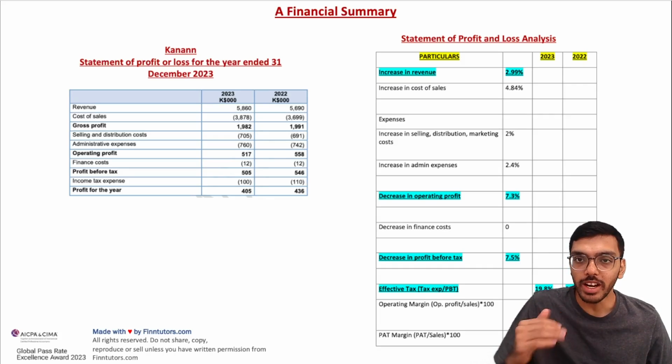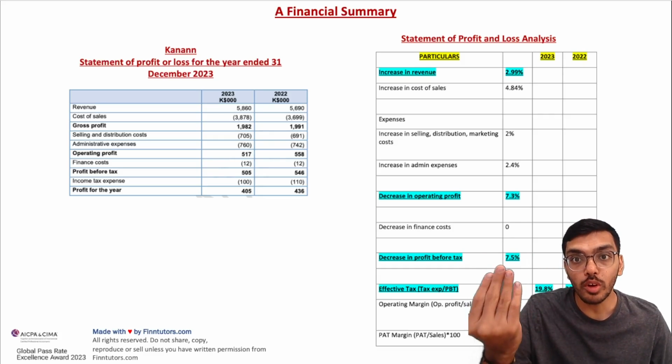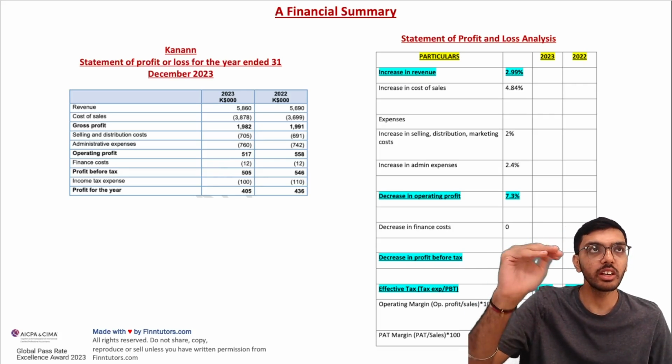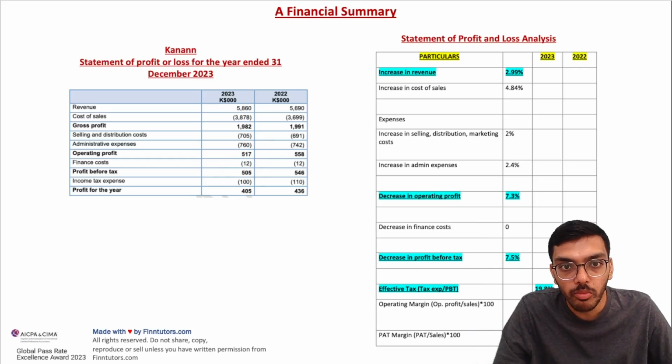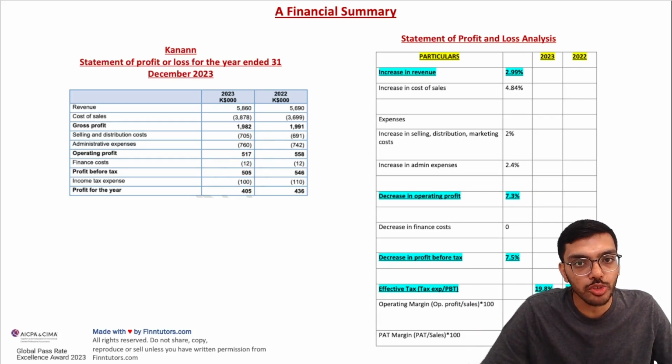So yes, revenue went up by close to 3%. Cost of sales also went up by close to 5%. So if you see, revenue went up, but more than that, the costs went up. So naturally, there is going to be a decrease in gross profit. From 1991, it came to 1982.